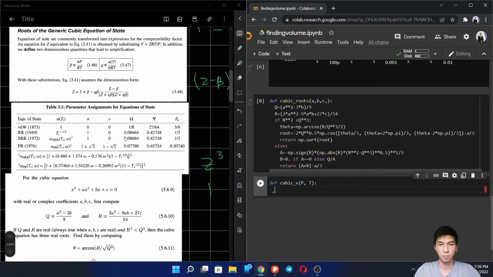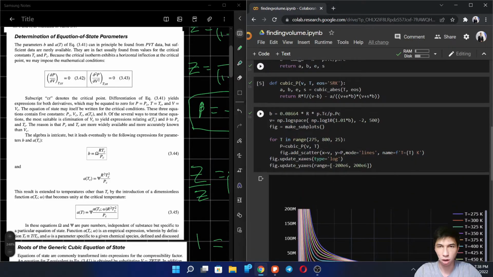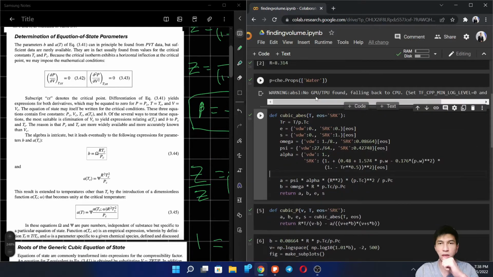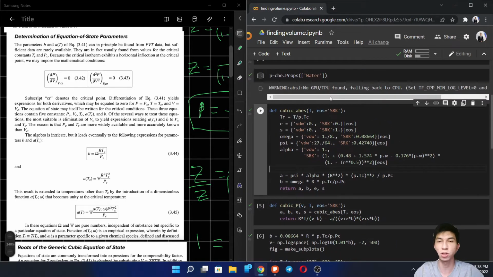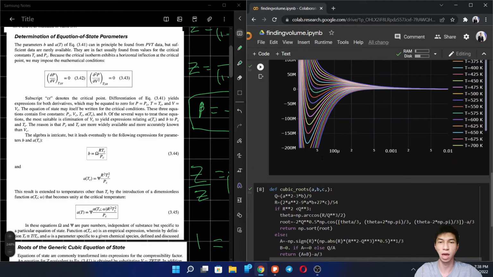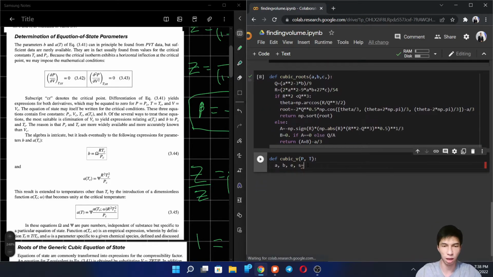So we're going to have our A, B, epsilon, and sigma from our cubic ABES function. So this function was written to calculate the A, B, epsilon, and sigma values, right?